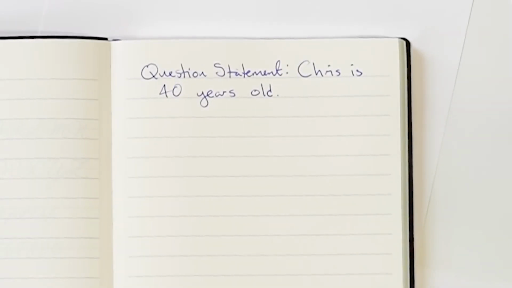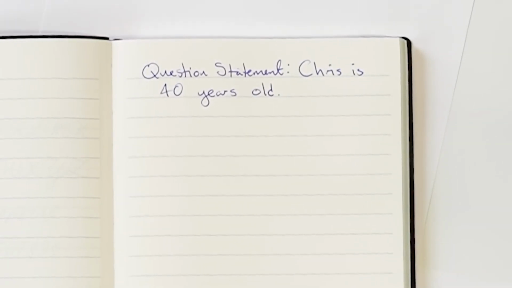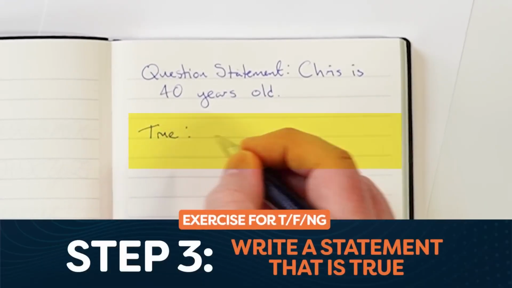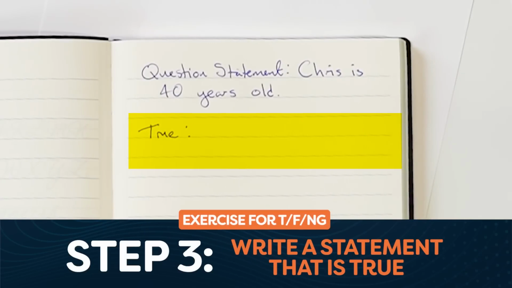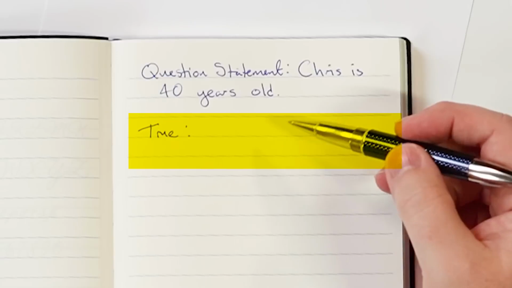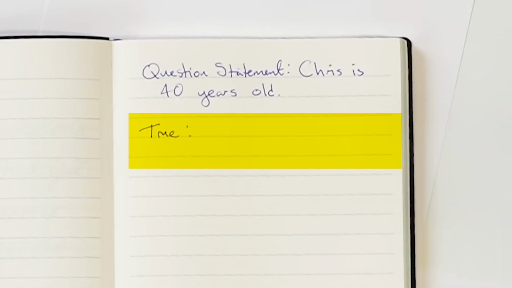So imagine this is in your questions, all right? So this is part of the question part of true, false, not given. What we're going to do now is write a statement in the text that is true, all right? We're going to write a true statement that matches this fact.